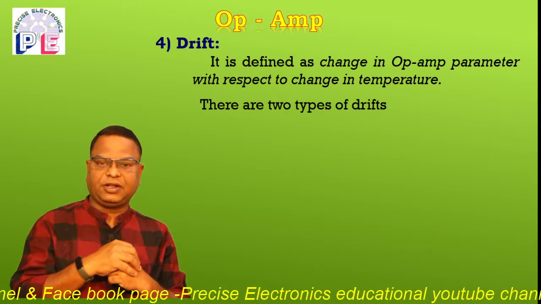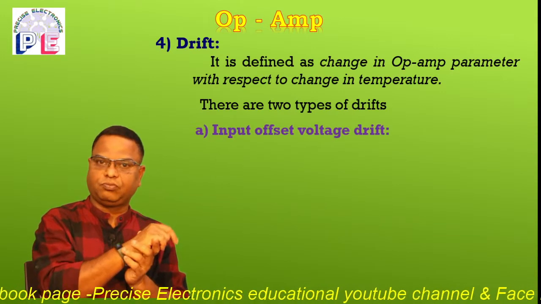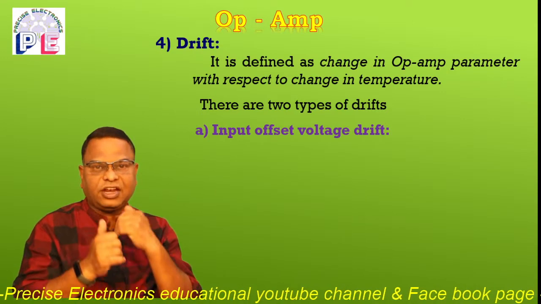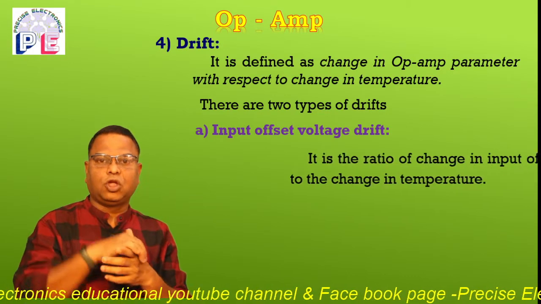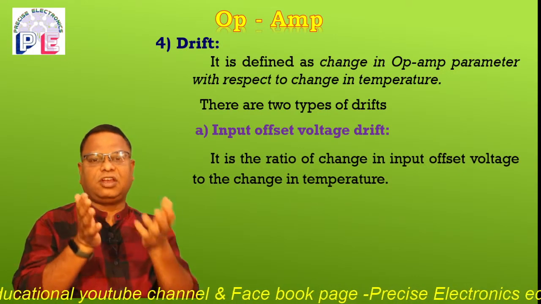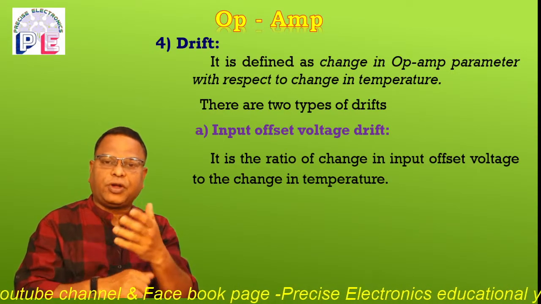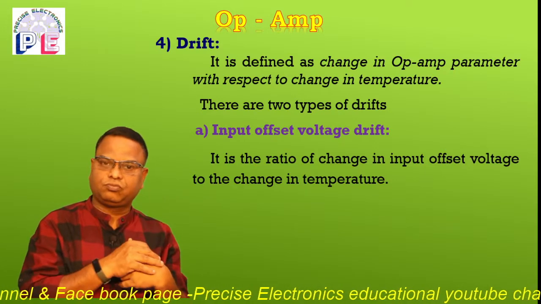The first parameter is input offset voltage drift. Input offset voltage drift is the ratio of change in input offset voltage with respect to change in temperature.